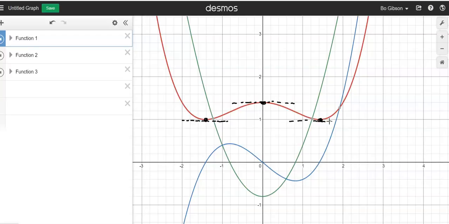Same deal here. So now I need to look, which of my functions have zeros at those corresponding points? The blue function, right? If I go down, the blue function has a 0, blue function has a 0, blue function has a 0. So again, more evidence that the blue function is probably the derivative of the red function.